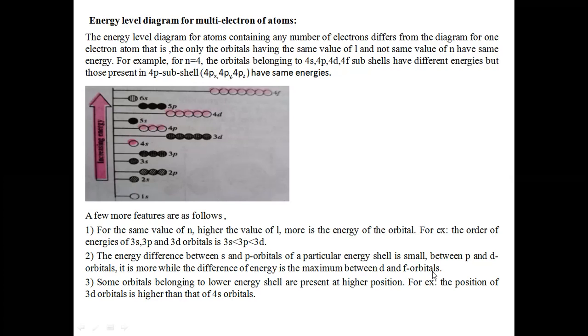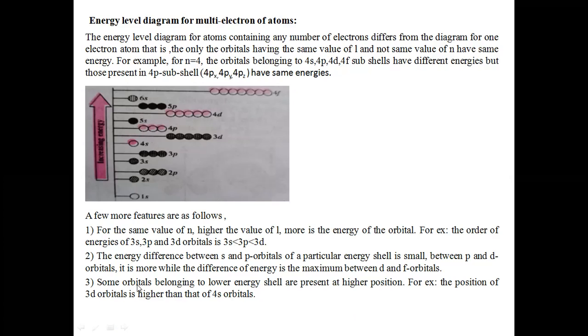The energy difference between the s and p orbitals is small and is also small between the p and d orbitals, but it is more between the d and f orbitals.